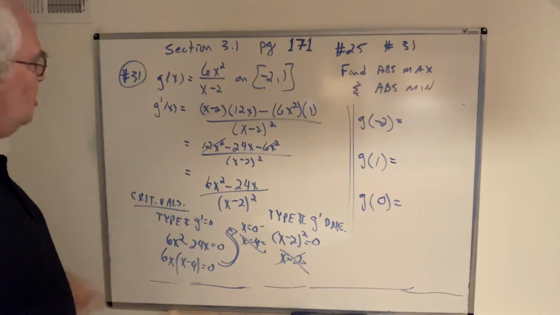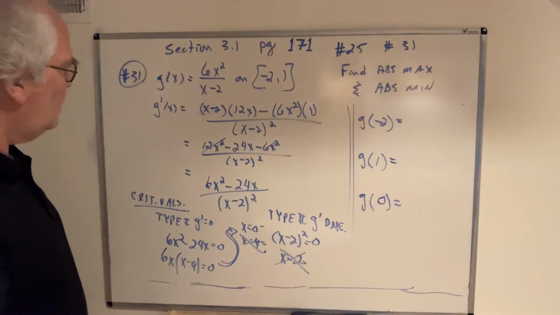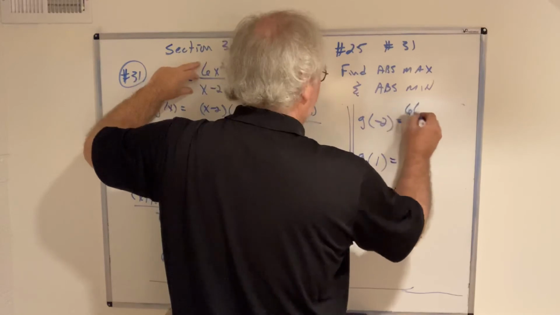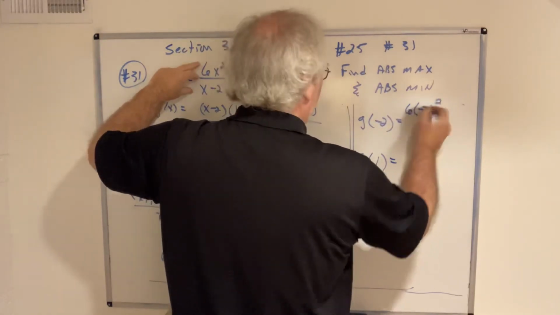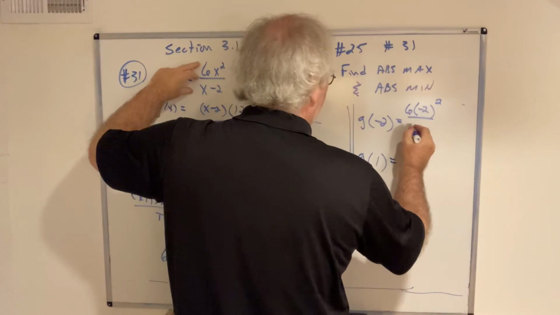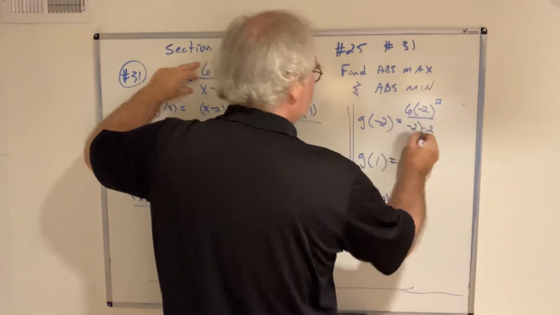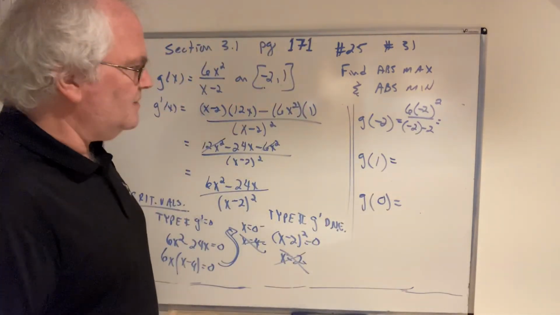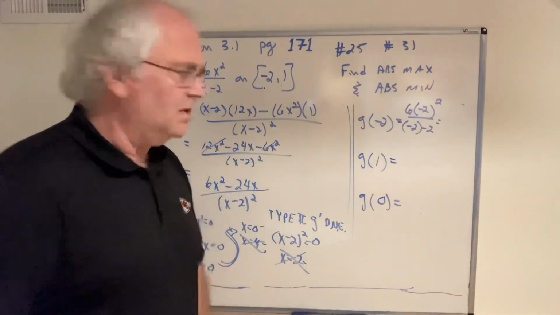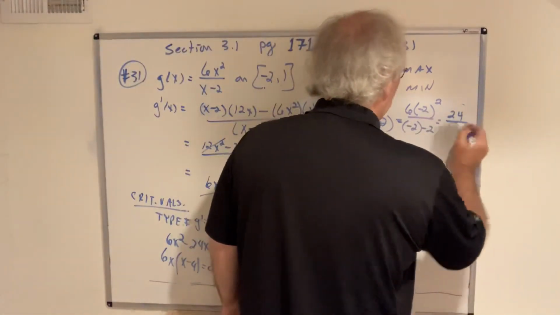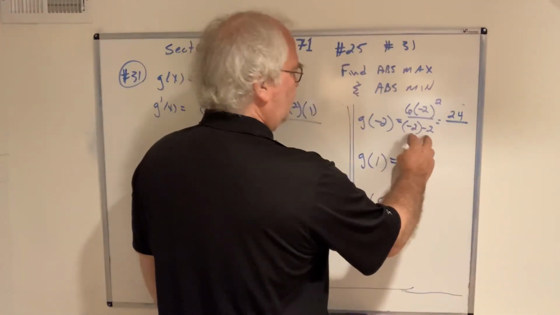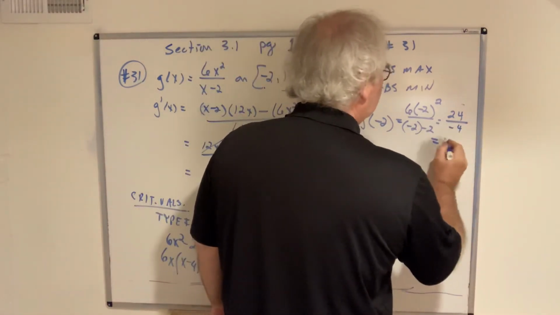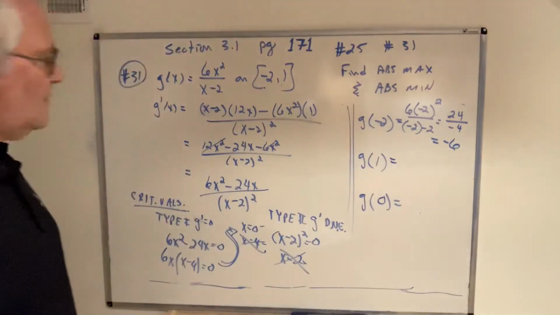So we need g of -2. This is 6 times -2 squared over -2 minus 2, which is 6 times 4, which is 24, over -4, which is -6.